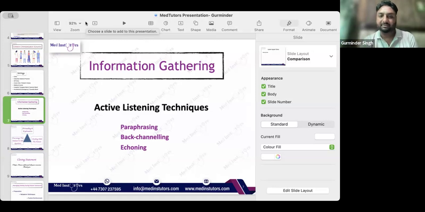I'll give an example. Suppose I'm asking a patient to have a bath, he's hospitalized and he's not ready to take a bath. I'm requesting the patient to take a bath and the patient is saying, doctor, I don't want to do it because after a few days, I will be discharged from the hospital, right?